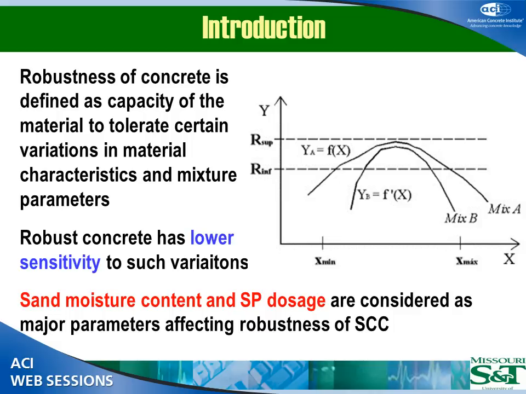This is why we studied in this evaluation the effect of the sand moisture content by changing the water cement ratio of the mix, and also to a lesser degree the variation of superplasticizer. Those are parameters that are very important to producing a stable and consistent production of SCC on a daily basis.